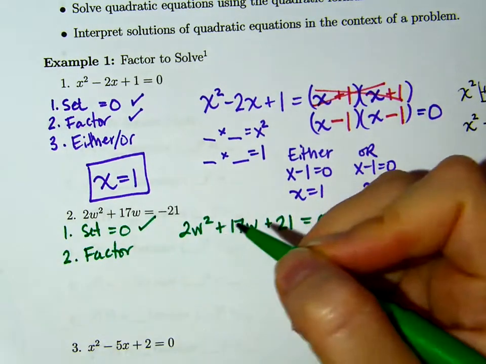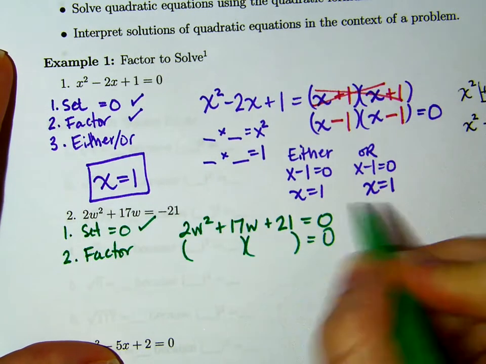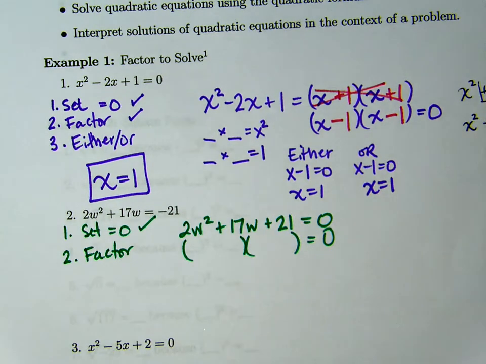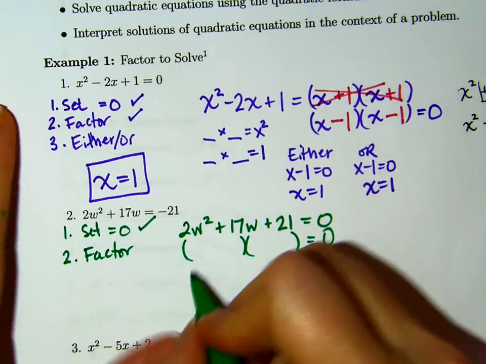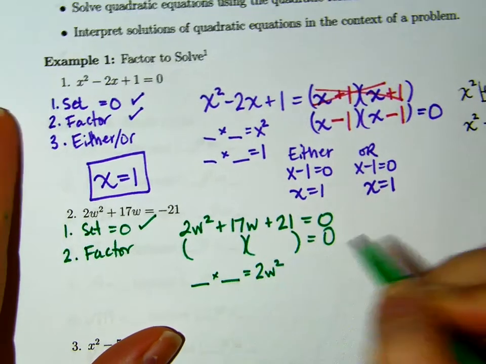All right, so let's see. Our job is to rewrite this as 2 linear factors being multiplied. Well, we know that something by something has to equal 2w squared.